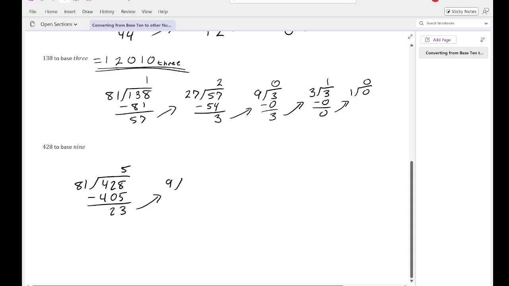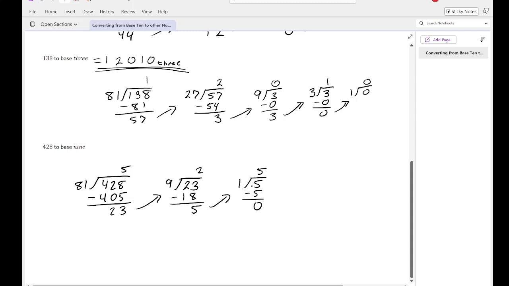Then the next power is 9 to the first. So 9 into 23 is going to be 2, that's 18, which will give me 5. Then I bring this over again, divide by 9 to the 0, so 1 into 5 is going to be 5.